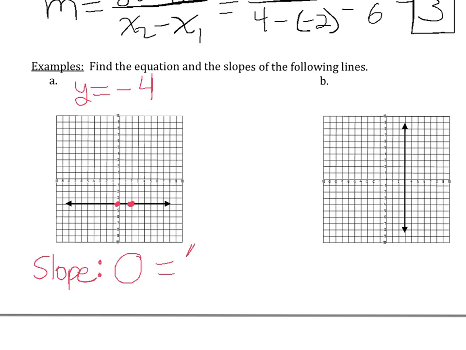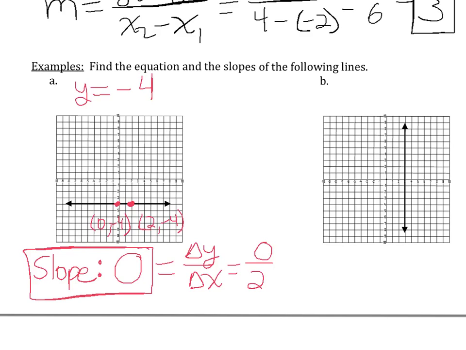Remember, you can do your change in y or your rise over your change in x, right? Well, your y values are the same in both of these points. This is the point 0, -4, and this point right here is 2, -4. And so my change in y is going to be 0, and my change in x is 2. Well, 0 divided by 2 is 0. All right. So the slope of this line is 0.